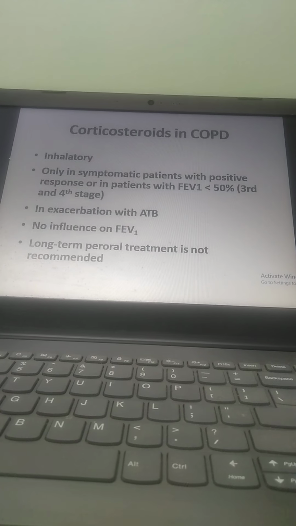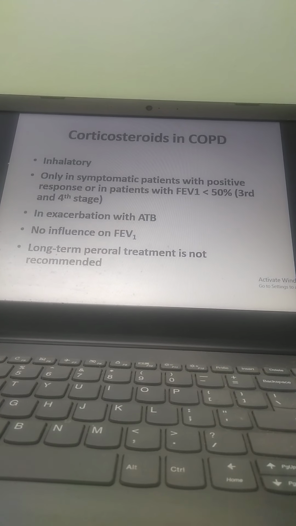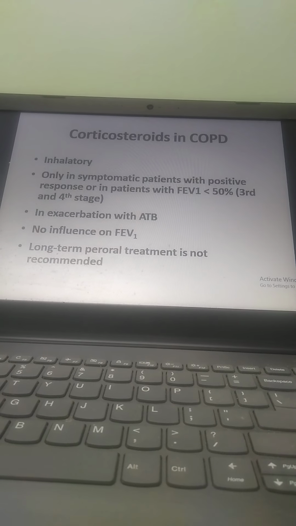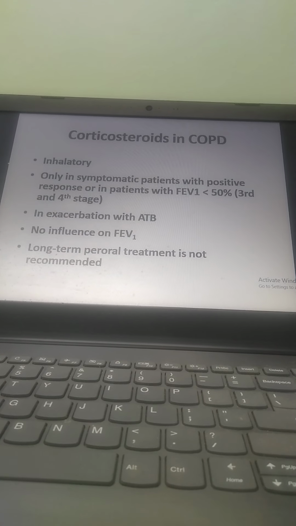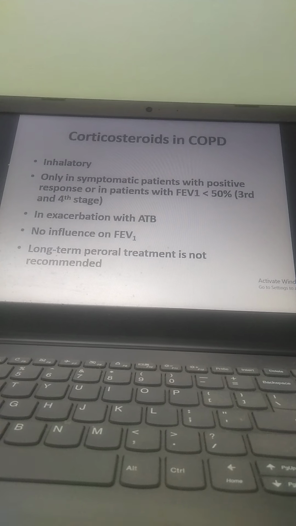So corticosteroids in COPD: they are inhaled in COPD only in symptomatic patients with positive response, or in patients with FEV1 less than 50%. In the third and fourth stage we can give inhalation. In exacerbation with antibiotics, there is no influence on FEV1.